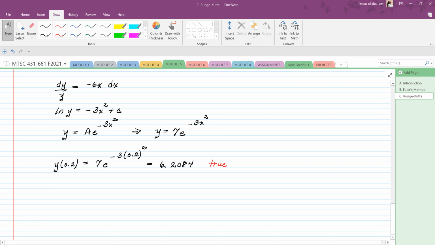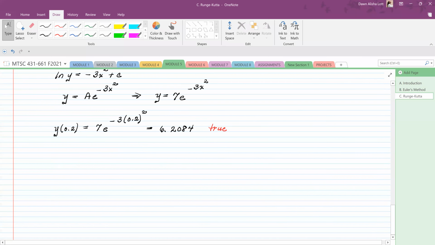Okay, so the first thing is, as you can see, the error goes down by h to the 4th. All right, so if I reduce my h by 2, what will my error go down by?